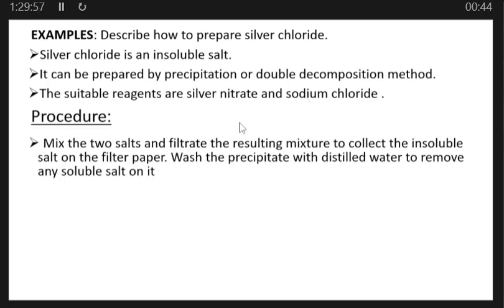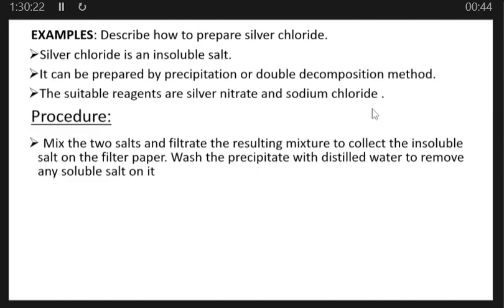So when you mix these two in the same beaker, there will be silver chloride that will appear as a solid, a precipitate. But sodium nitrate will not appear. It will form, but because it is soluble, it won't be seen. All right. So now the insoluble salt silver chloride will be formed.